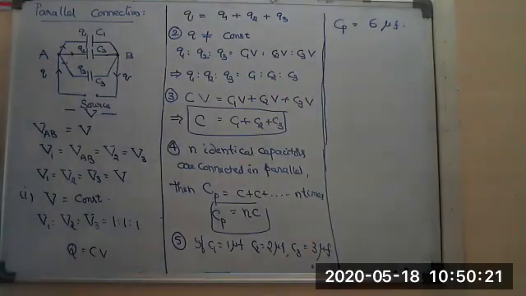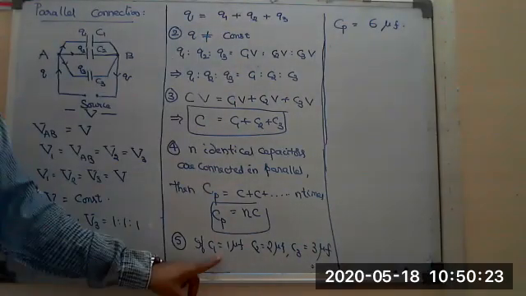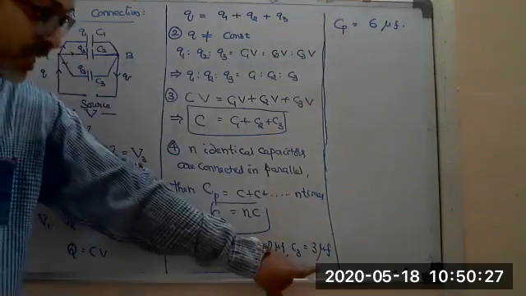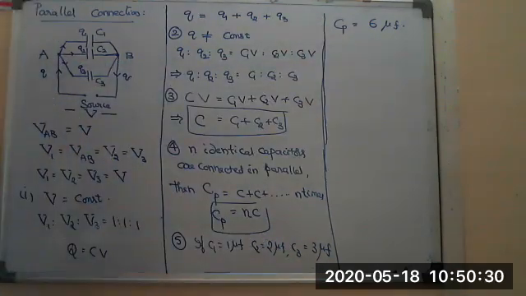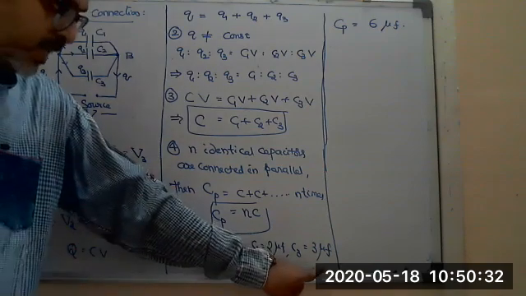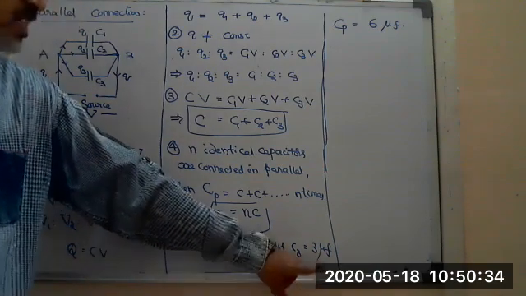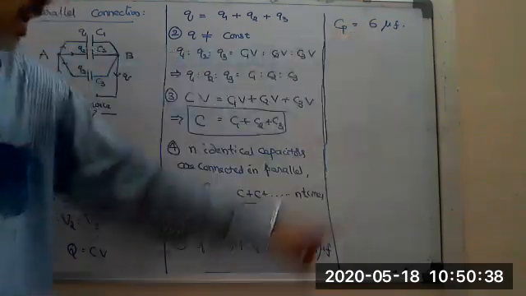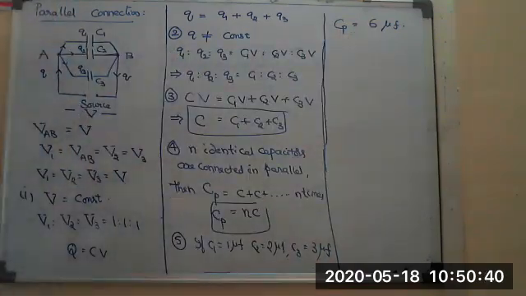Surely here, 6 is greater than 1, 6 is greater than 2, 6 is greater than 3 also. So if you look at the 3 individual capacities, I can say the effective capacity is higher than the highest individual.